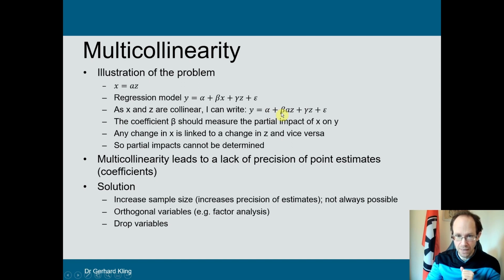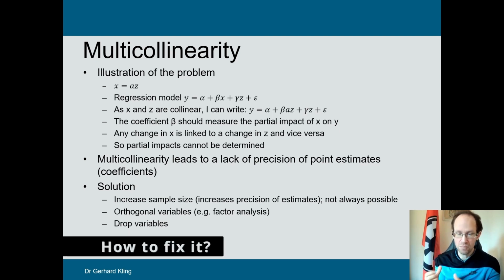They are impacted by multicollinear relationships. So ideally, when we want to run a regression analysis, we want to make sure that our independent variables are not strongly related among each other. Of course, in practice, it's very, very common that you have a degree of relationship, and this you have to accept to some extent.